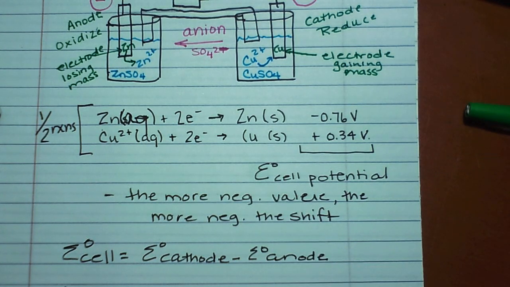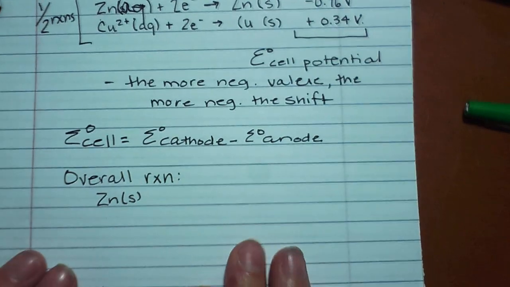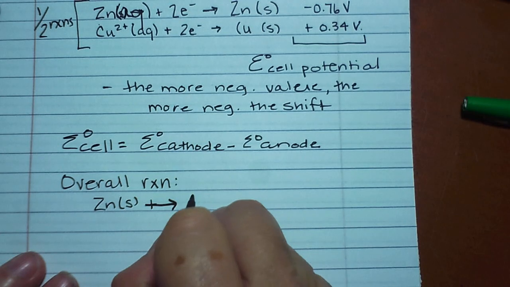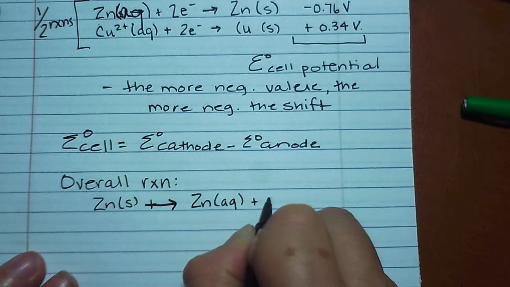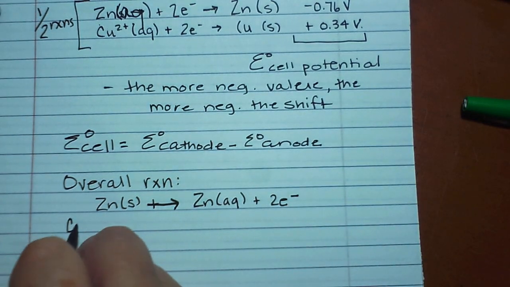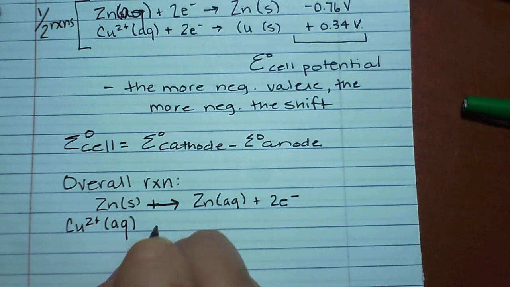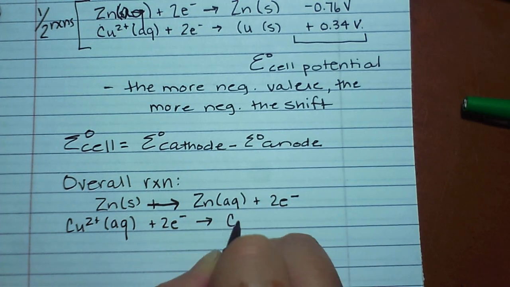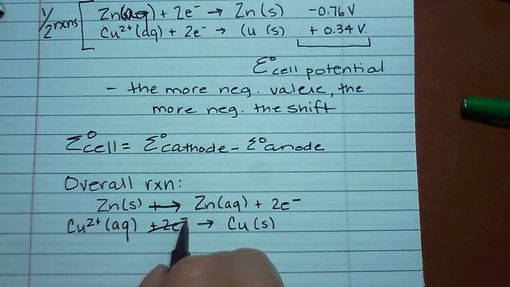So that means I'm going to have zinc solid yields zinc 2+ aqueous plus 2 electrons. And then I'm going to have underneath that copper 2+ aqueous plus 2 electrons yields copper solid. Now I'm going to cancel my 2 electrons.